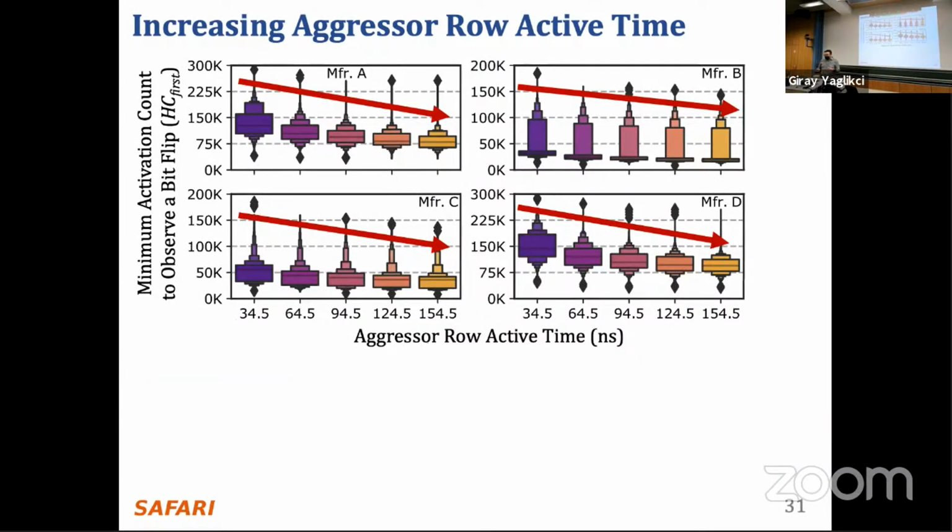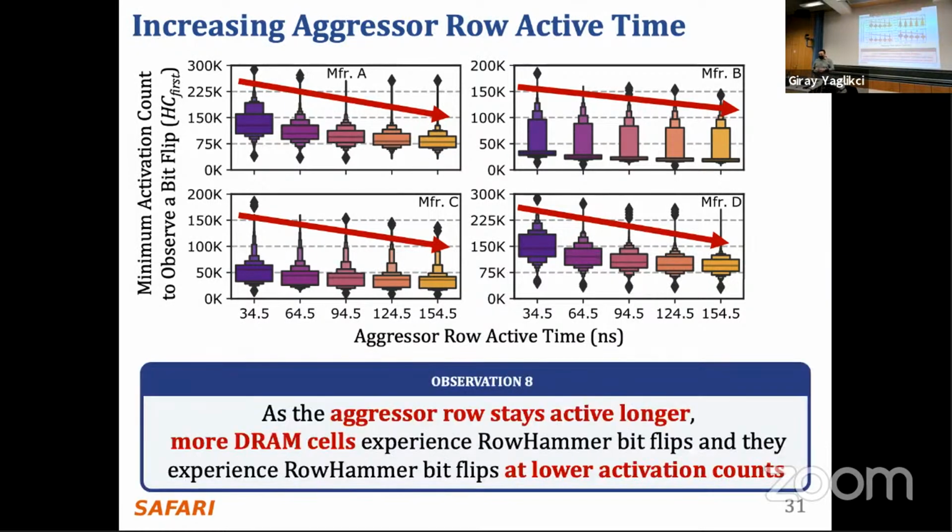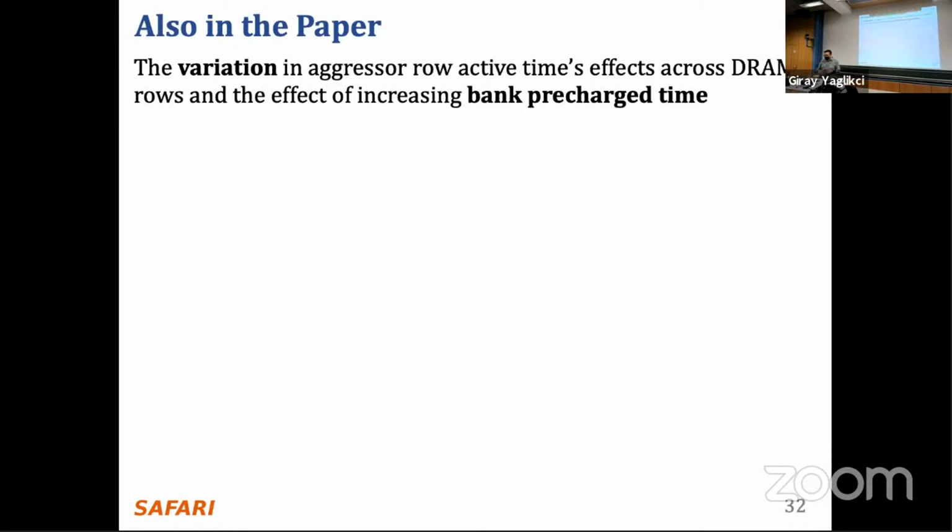And we observe the same trend on modules from all four manufacturers again. So based on these observations on the bit error rate and HC first, we conclude that as the aggressor row stays active longer, more DRAM cells experience RowHammer bit flips, and they experience them at lower activation counts.